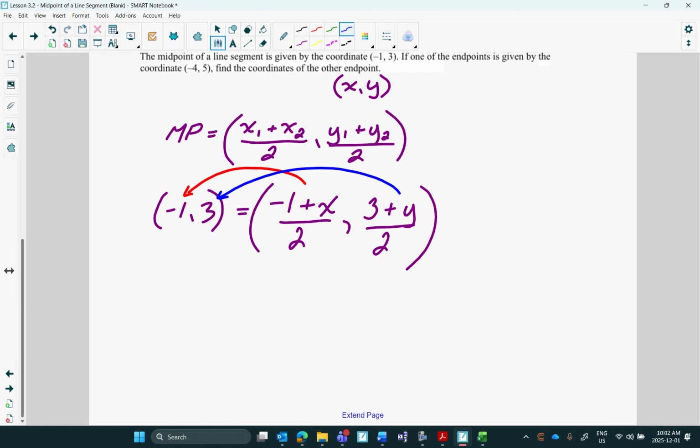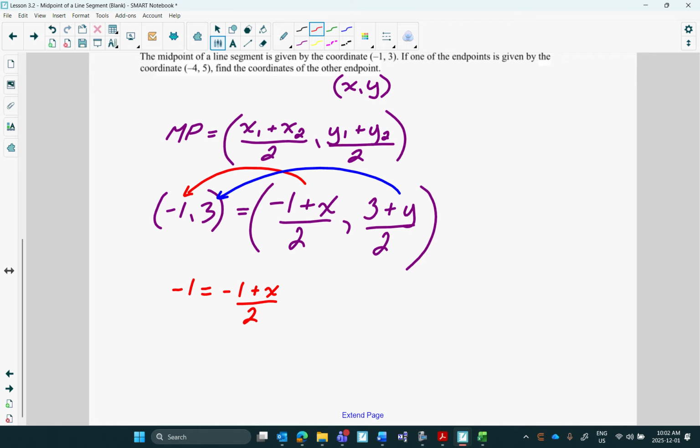Well, that's why we learned algebra. So we got to make 2 equations. -1 is going to equal -1 plus x divided by 2. How do I solve this? First of all, what kind of equation is it? It's a fraction equation.